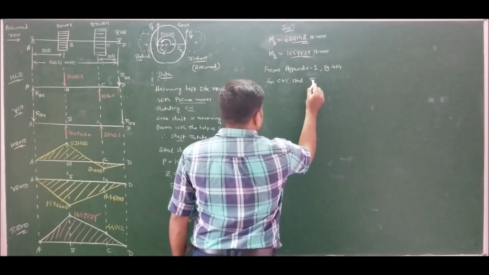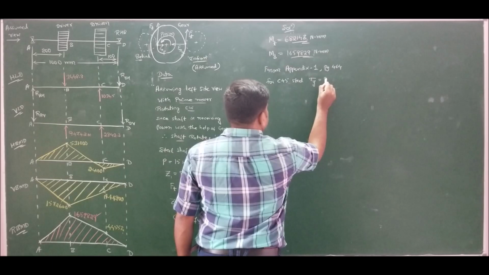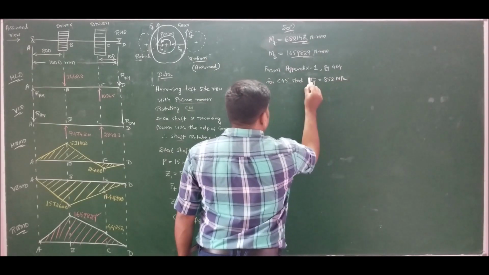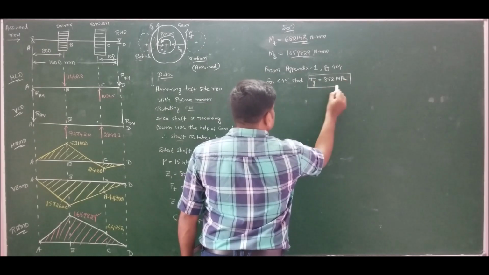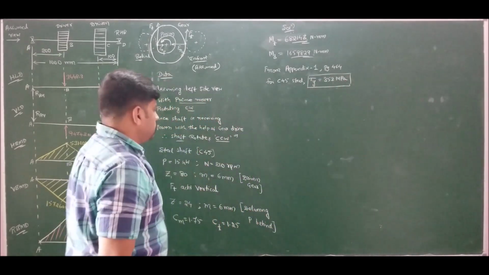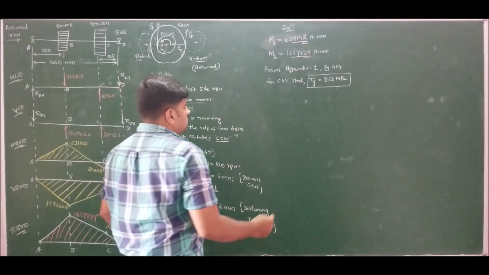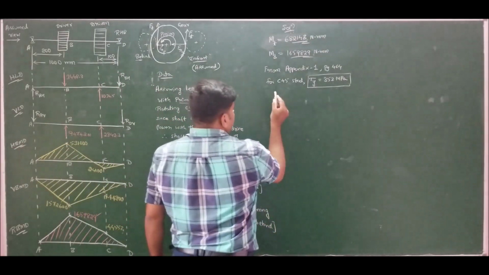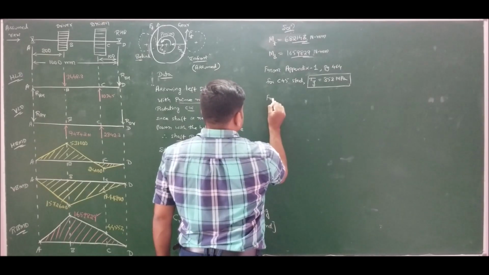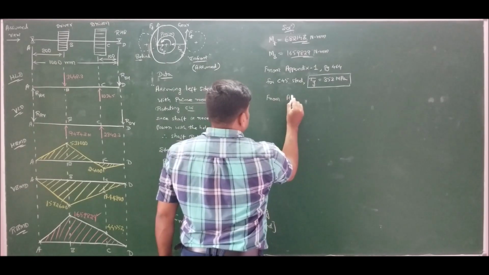We have sigma yield as 353 megapascals. Now I can calculate both tau yield, tau allowable and sigma allowable as from ASME standards.